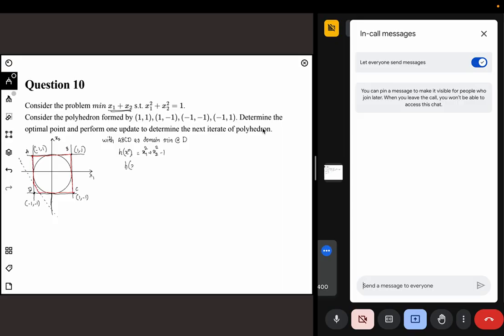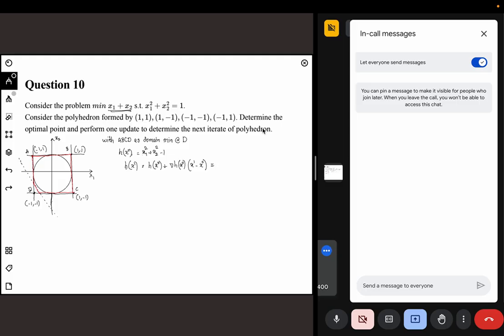So h of x1, if you take a linear approximation, will be h of x naught plus grad h of x times x1 minus x0. This is anyway not satisfied, so I'm hoping that this will be equal to 0.